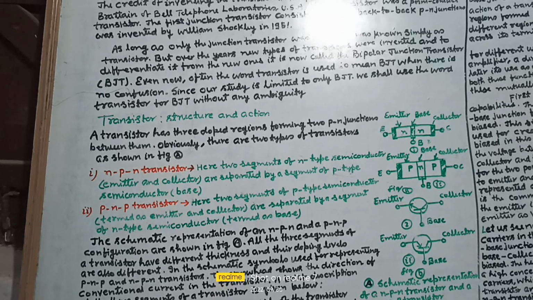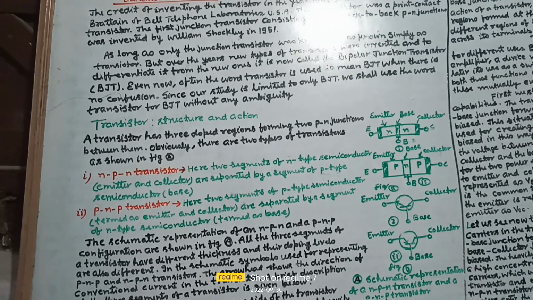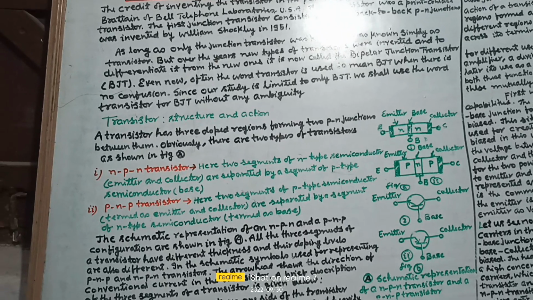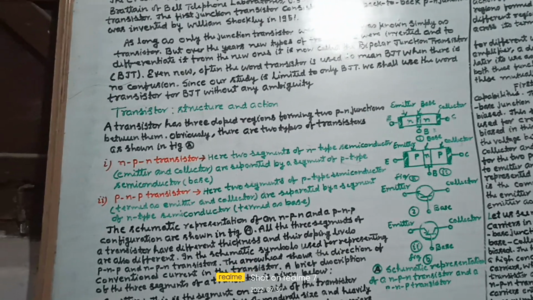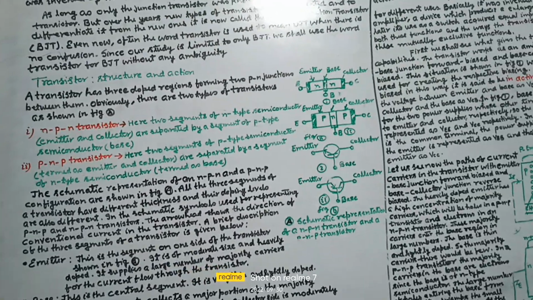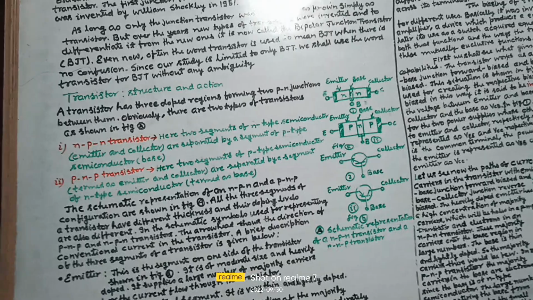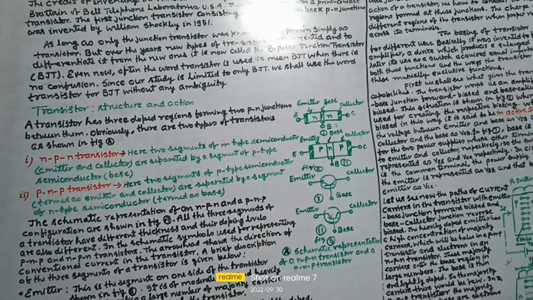Second is PNP transistor. Here the two segments of P-type semiconductor termed as emitter and collector are separated by a segment of N-type semiconductor termed as base. The schematic representation of an NPN and PNP configuration are shown in figure A.